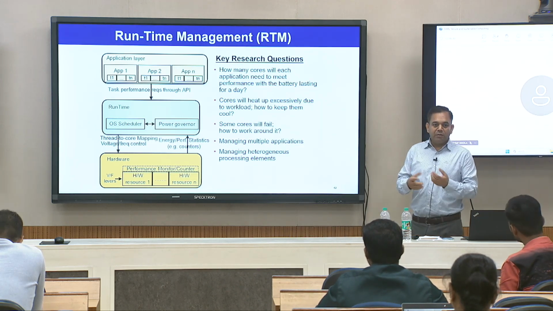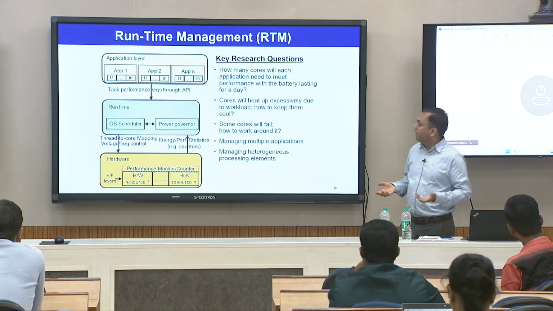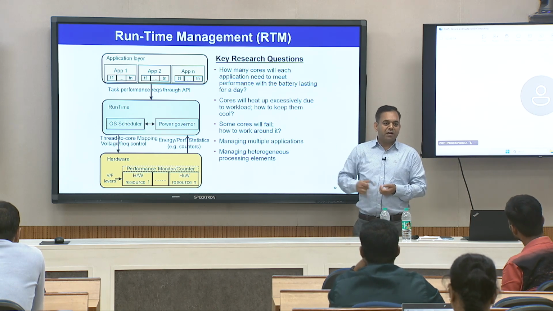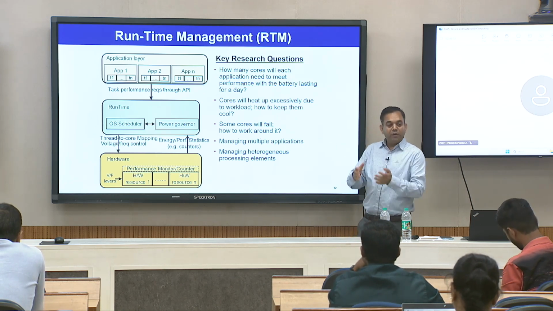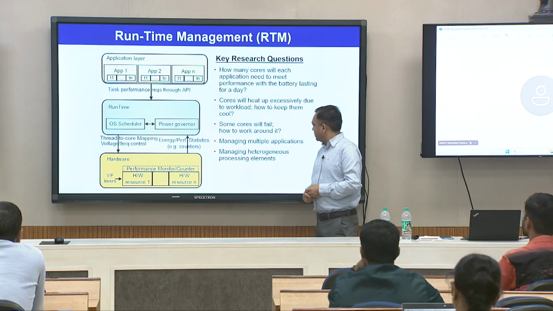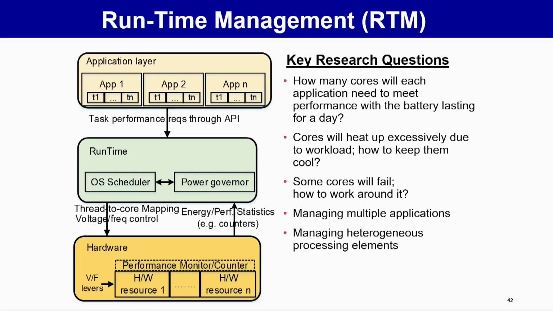Maybe one core is being used a lot and it may fail. So we have to find out how to keep them cool, or how to work around it, to make the chip last longer. So this one we have covered. Again, if there is one application or two applications, it's not that difficult. Because there are so many of them running at the same time, the job becomes difficult.